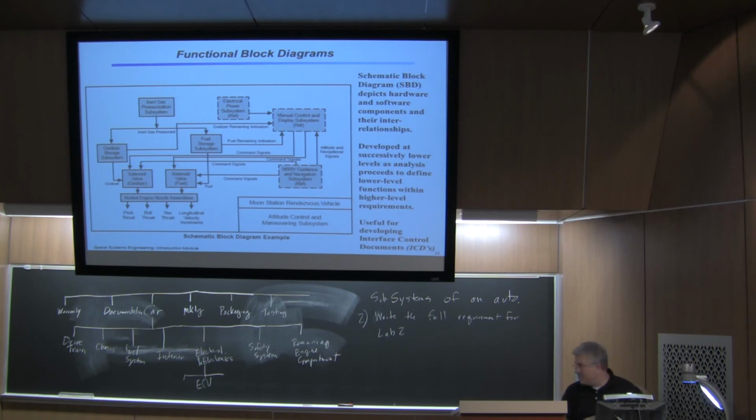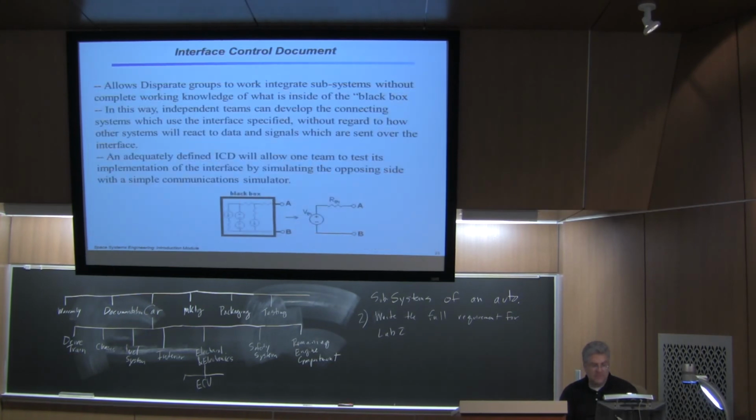We also decompose a design using functional block diagrams. You've already seen examples of that for the robots, so I don't need to go into this in much more detail. But very often, when you have many components, one group is going to do part of the design, another group is going to do another part, and when you combine them together, you need a common interface between those two parts.